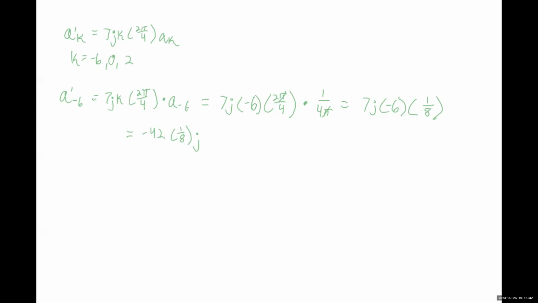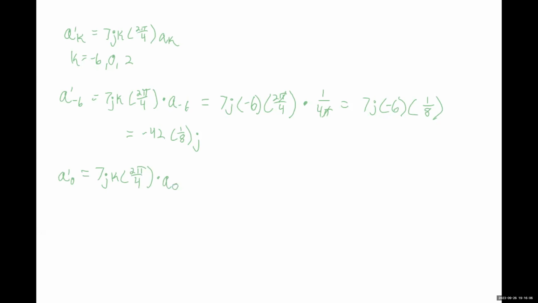Okay, I believe that should be correct. So we're going to get a naught of 0, equal to 7j k 2 pi over 4 times a of 0.